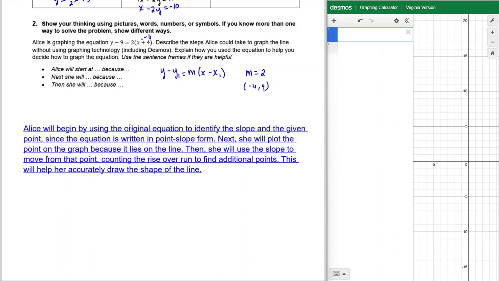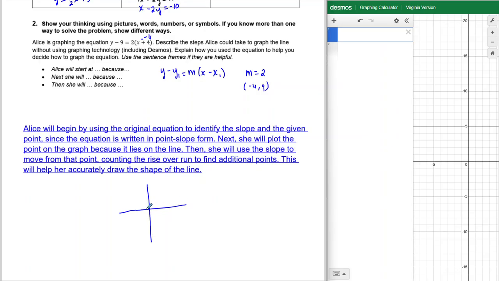Okay, so here is everything written out. So Alice will begin by using the original equation to identify the slope of 2 and the given point. The point is from here. And then since the equation is written in point-slope form, next she will plot the point on the graph. So let me just show you here. So there's the graph.